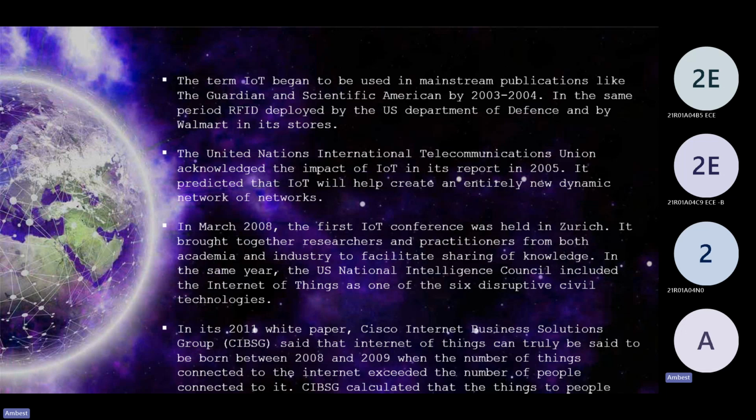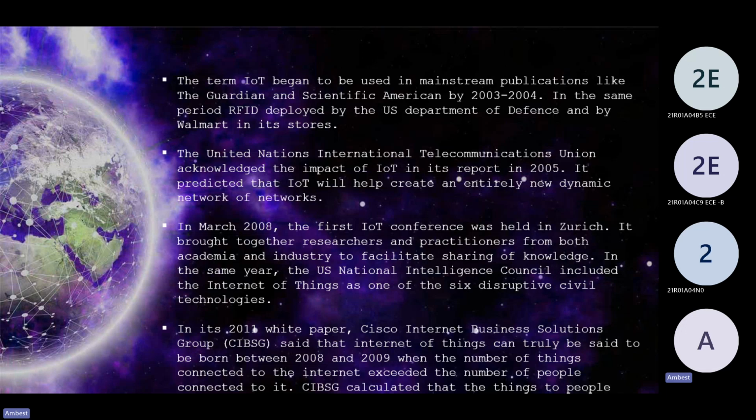And in 2011, Cisco Internet Business Solutions Group published a white paper covering the period between 2008 and 2009, when the number of things connected to the network exceeded the number of people. They checked how many devices were going to be connected to the network, and with the survey they came to know that the ratio was approximately 0.08 in 2003 to 1.84 in 2010.